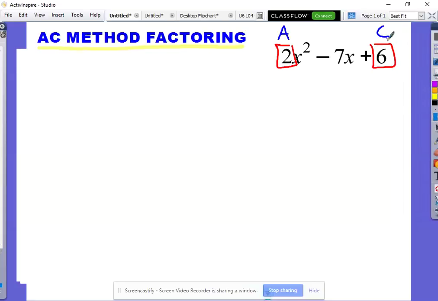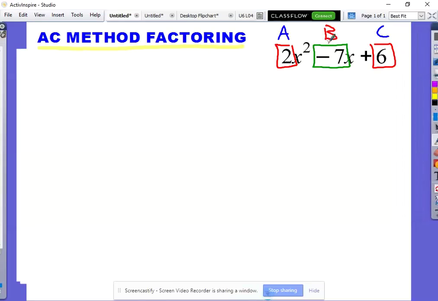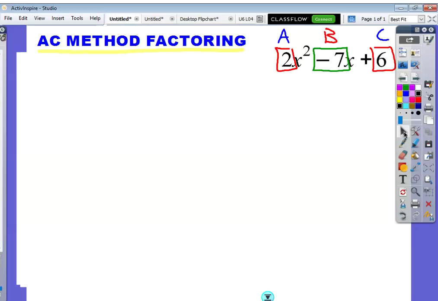So 2 and positive 6 are the A and the C value. Now in the middle, we actually have our B value. So the number in the middle is the B value, negative 7. So it's really important to get started by identifying those three numbers, A, B, and C, because we'll need to use them throughout this method.